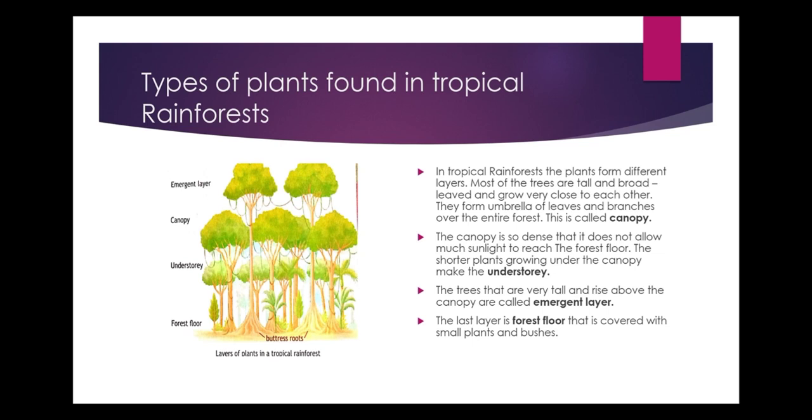So the tallest ones form the emergent layer. And the last layer is the forest floor, which is covered with small plants and bushes. So children, you can see even in the diagram that there are 4 different types, or you can say layers, of plants and trees present in these tropical forests.